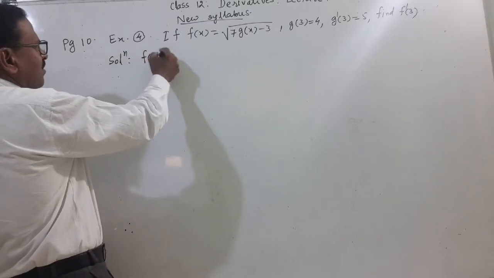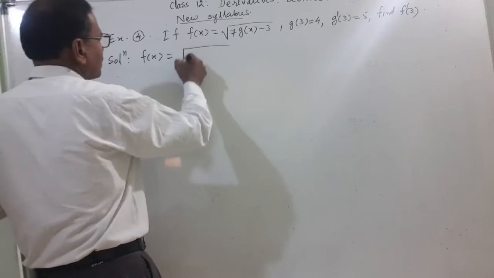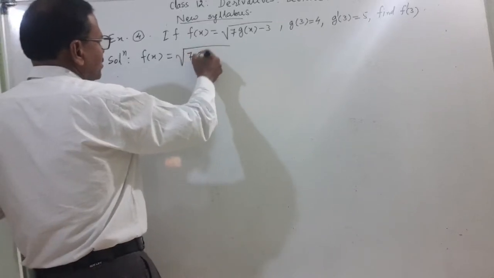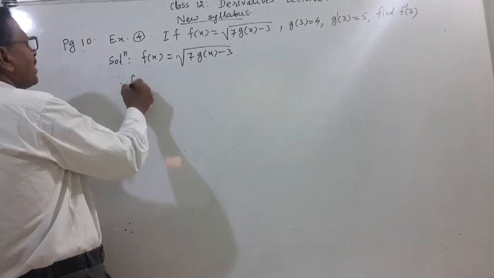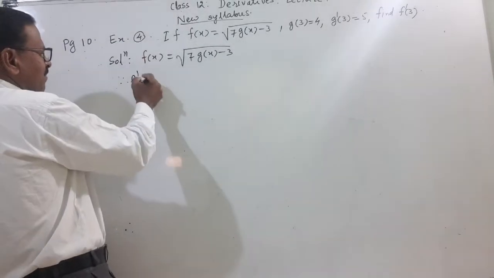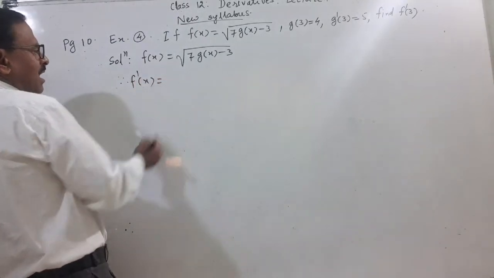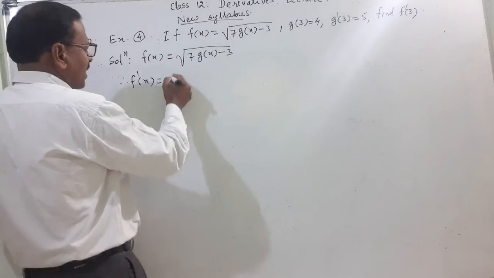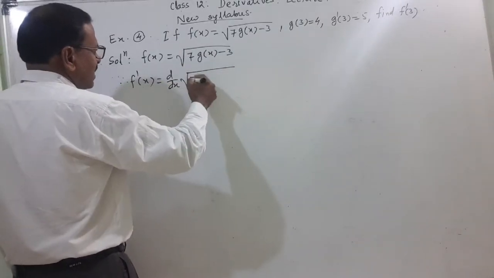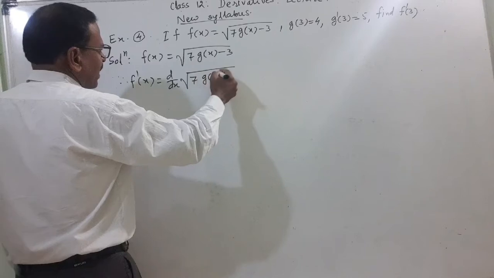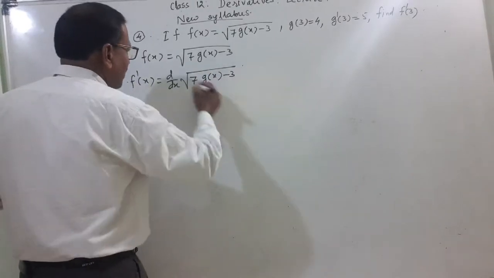F of x is equal to under root of 7 into g of x minus 3. Therefore, the derivative of f of x is f dash of x. I am taking the derivative with respect to x: d by dx of under root of 7 into g of x minus 3.